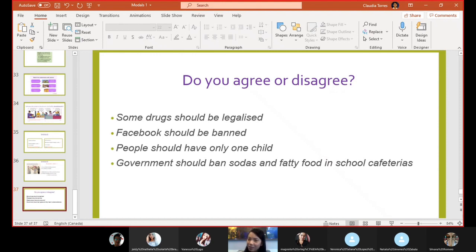Now, in Colombia, it's a little bit different, right? In the US, it depends on the state, but here it is across the country. So if you're in Canada, you can buy your weed everywhere.